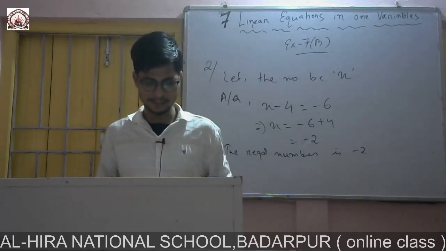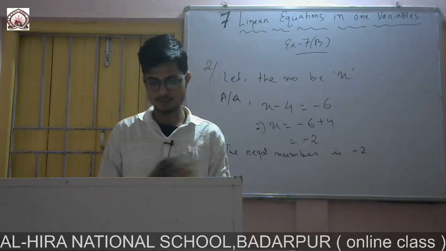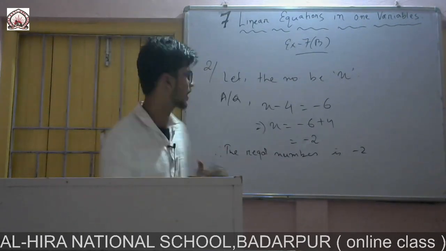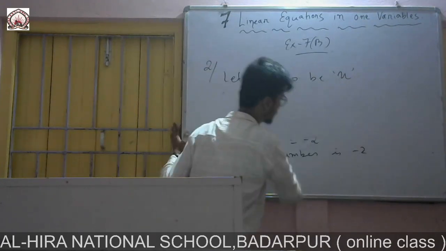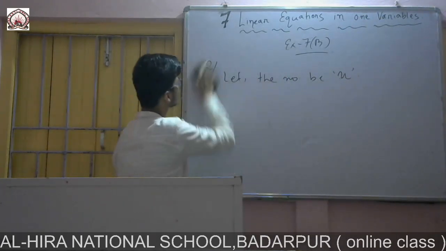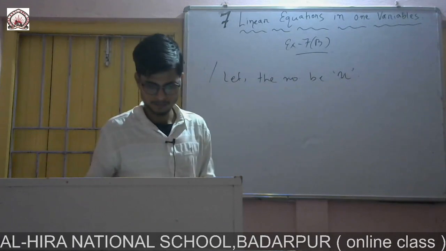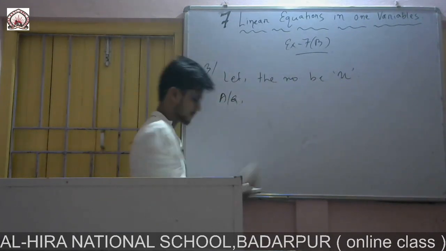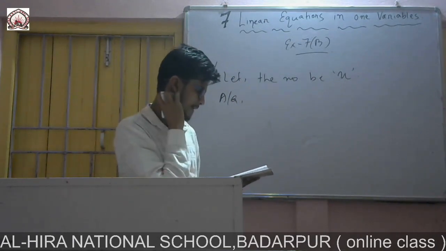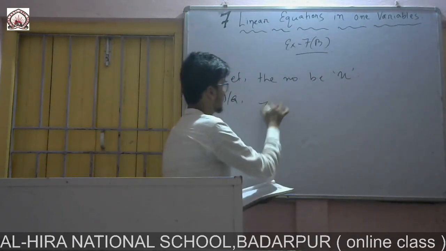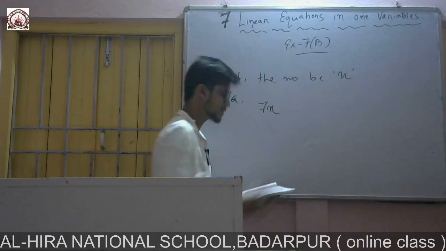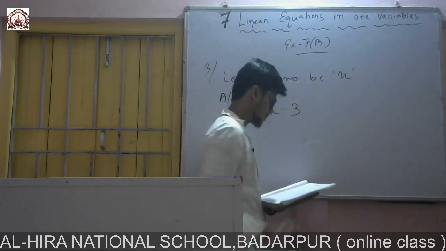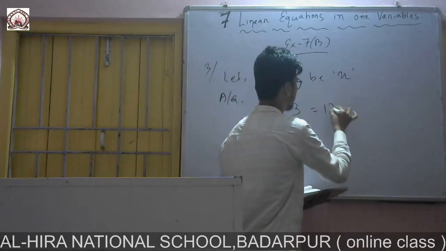7 times a number decreased by 3 equals to 18. Find the number. So like earlier you will write again, let the number be x. According to question, 7 times a number, that means 7 into x decreased by 3, that means minus 3 and equals 18.